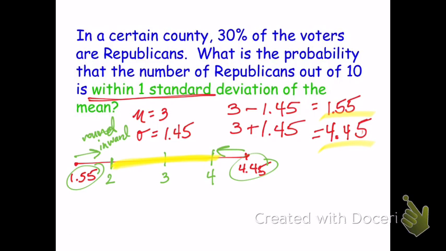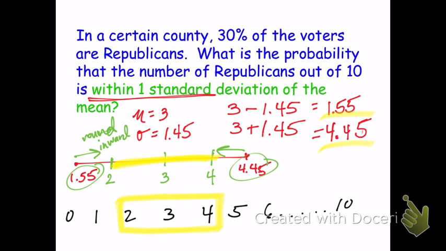Or when I list out all of my outcomes, I've got 0, 1, 2, 3, 4, 5, 6, all the way to 10. I want to include these 3 right here. I could write it like this, and I'm going to write it up here for you, and then I want you to think about it for a minute. Tell me what you think.